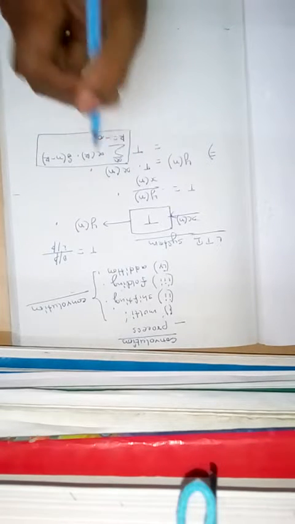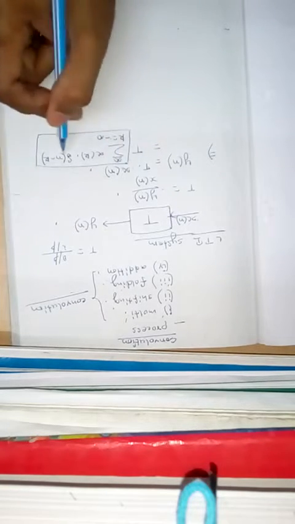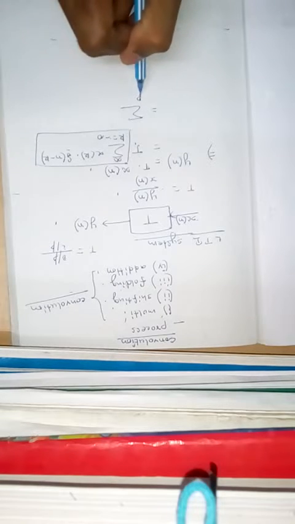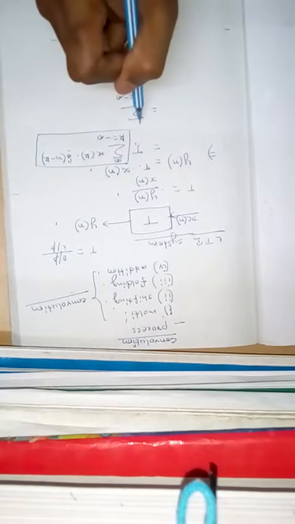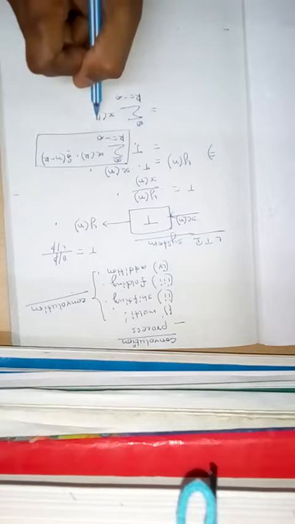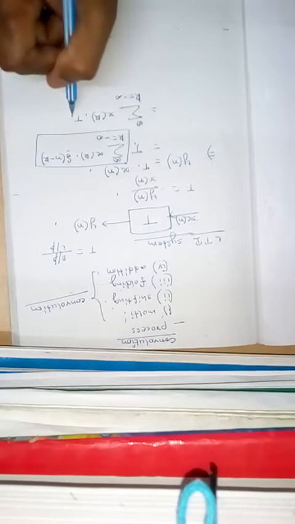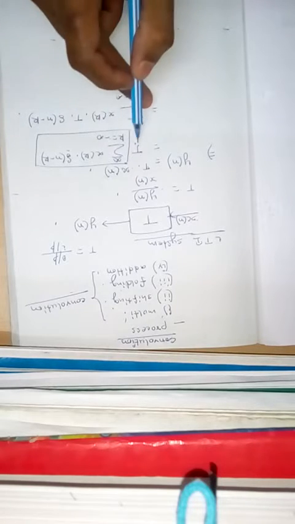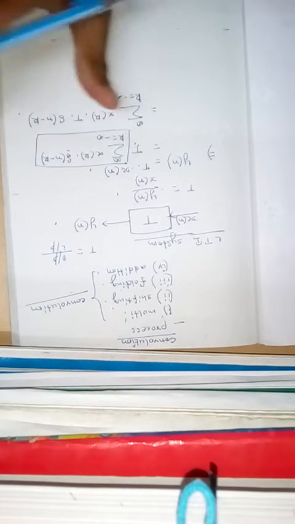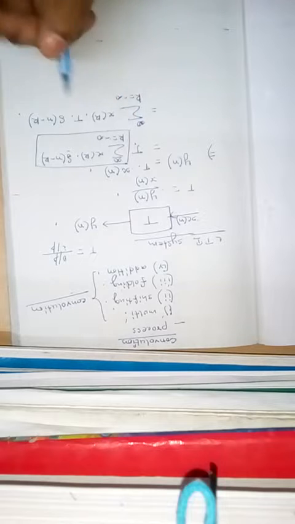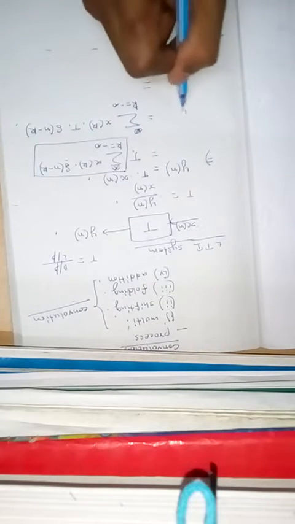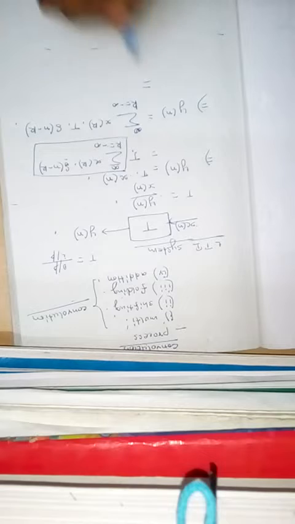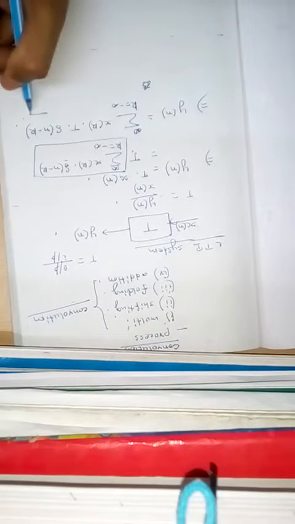This is the representation of any arbitrary input using impulse signal. Now let us include the transfer function inside the summation. Then it becomes the summation of k equal to minus infinity to infinity x of k into T into delta of n minus k. Including it inside the summation has no effect, the result will be the same. This is your y of n. Let it be equation 1.